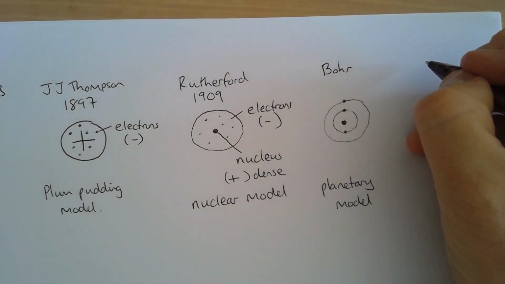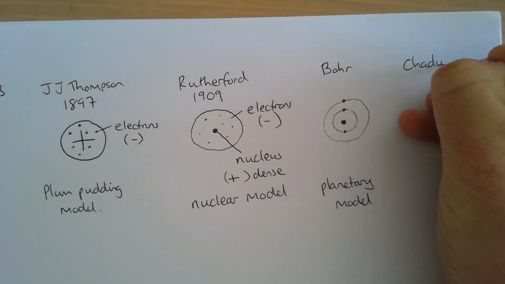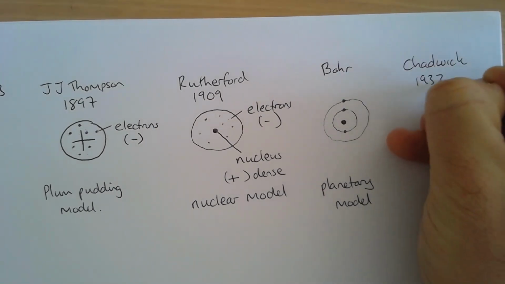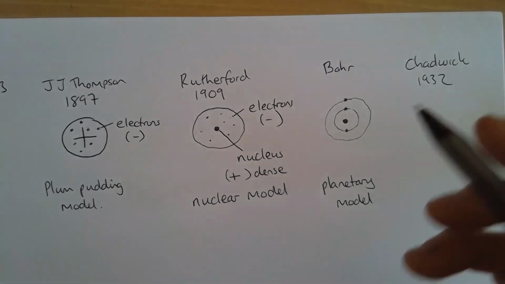In 1932 we get a scientist called James Chadwick, and he adds one further addition to the model, and that's he's discovered the neutron.